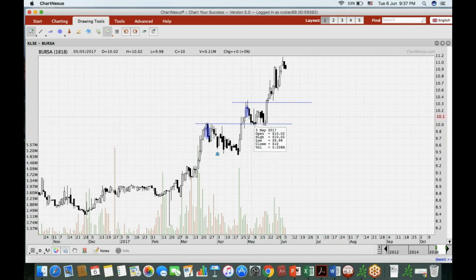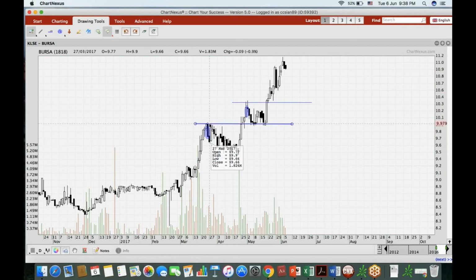So it went up, and then it traded within this range between 10 ringgit and 10 ringgit 30 cent, and broke out again and went much higher. Okay, so this is how you see that when a bearish engulfing appears at the resistance level, it is more meaningful.